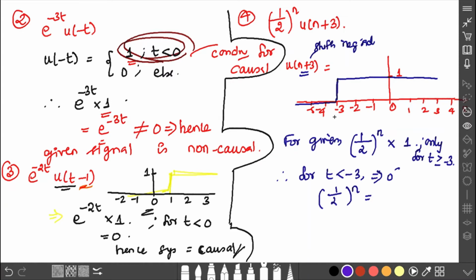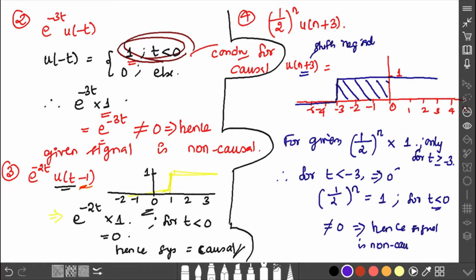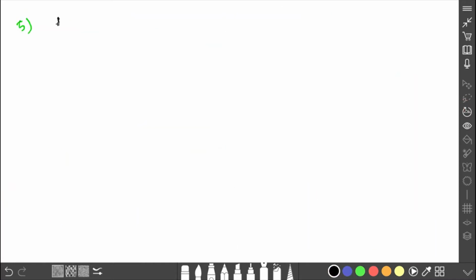So it is not equal to 0 for n less than 0. It has some value till minus 3. Hence it is not equal to 0, which implies the given signal is a non-causal signal. Hence you can write: the signal is non-causal.